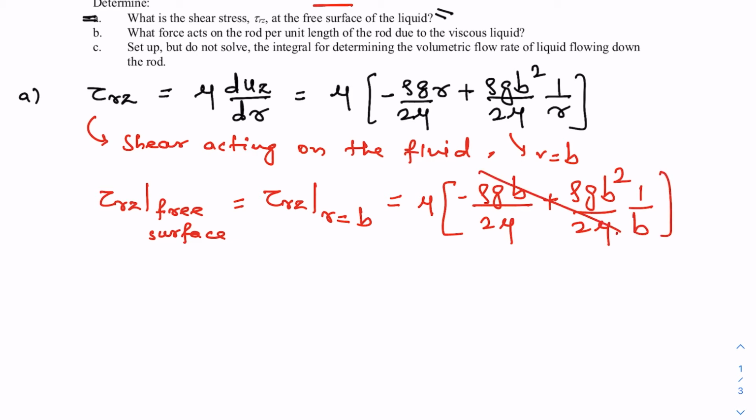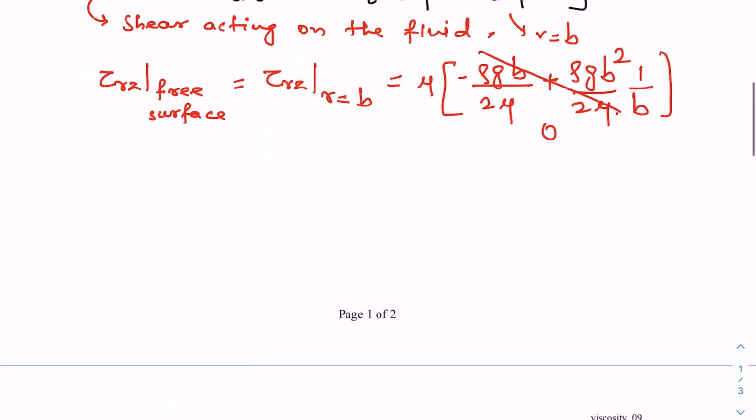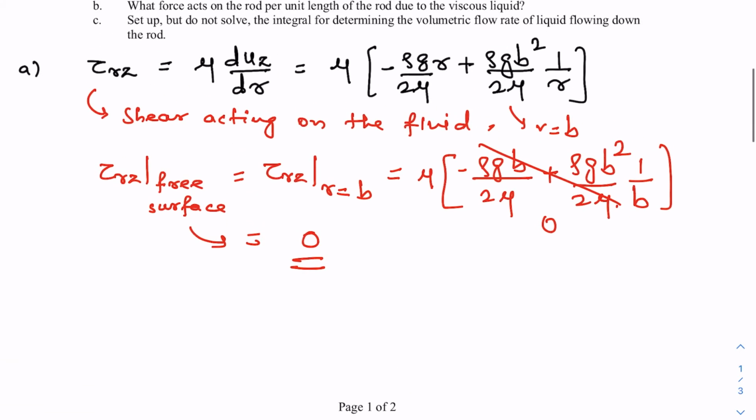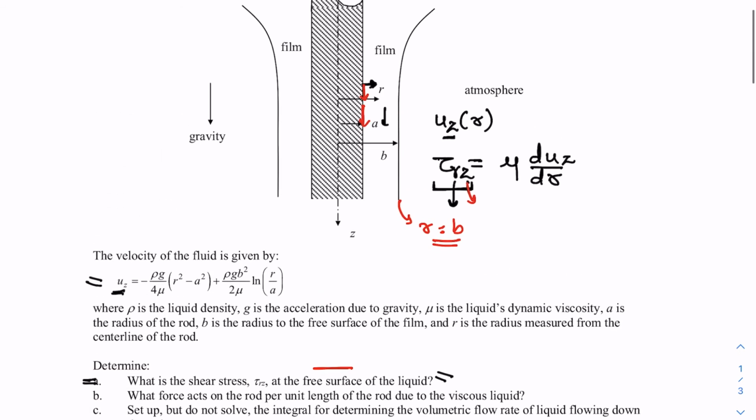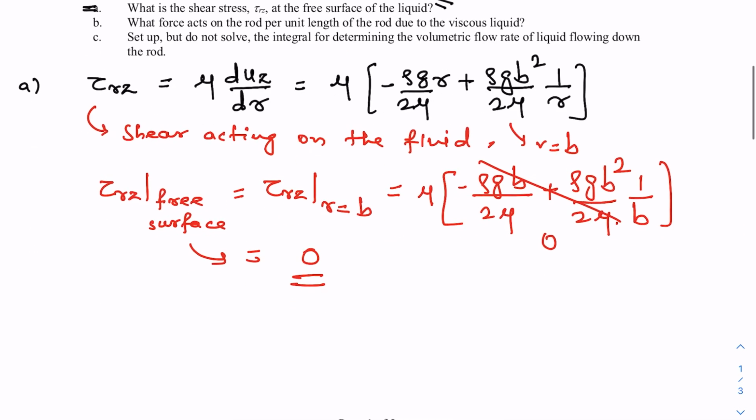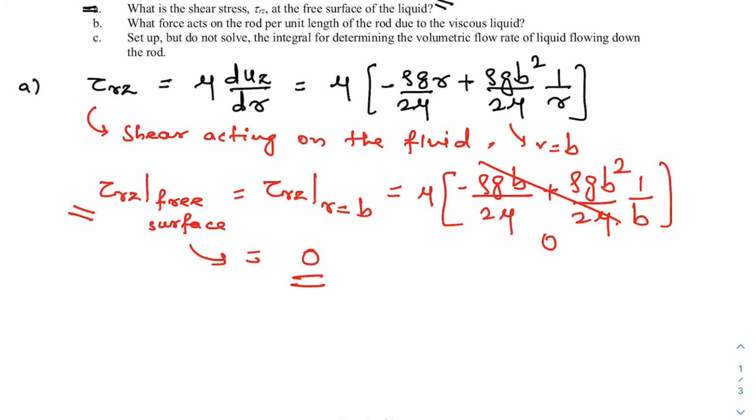These two terms cancel out, so the stress acting on the free surface is zero. You already know that one of the boundary conditions at a free surface is that the shear stress acting on it is zero, and that's exactly what we are recovering from this calculation.